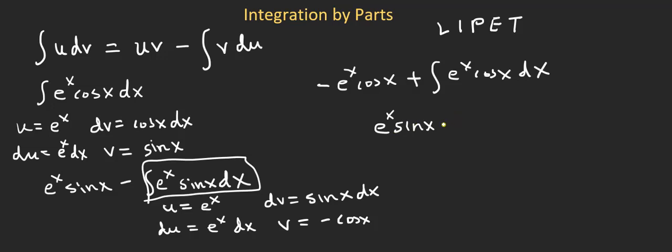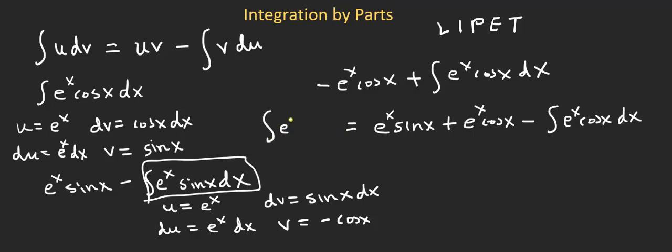Negative times negative is positive, e to the x cosine x. And negative times positive is negative. That whole thing is equal to the integral of e to the x cosine x dx.